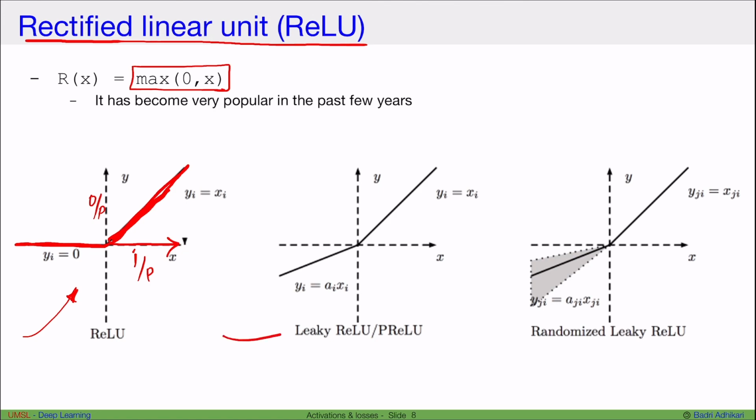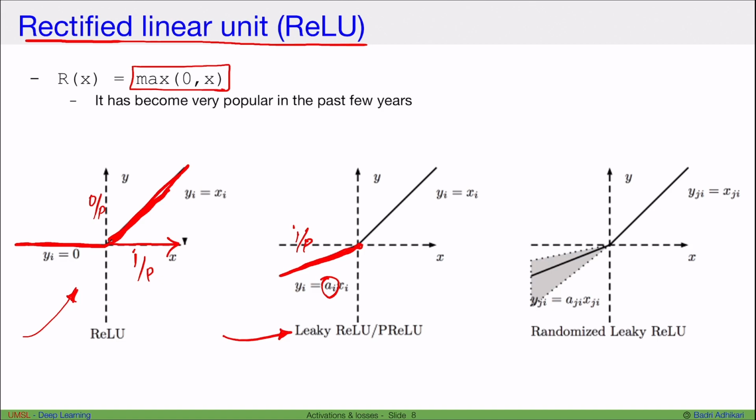One variation is the leaky ReLU, where if your input is less than 0, instead of making it 0, you multiply it with a constant and obtain a slightly different kind of output, not exactly linear, but you still want to minimize the effect from small values, but it's not exactly 0.